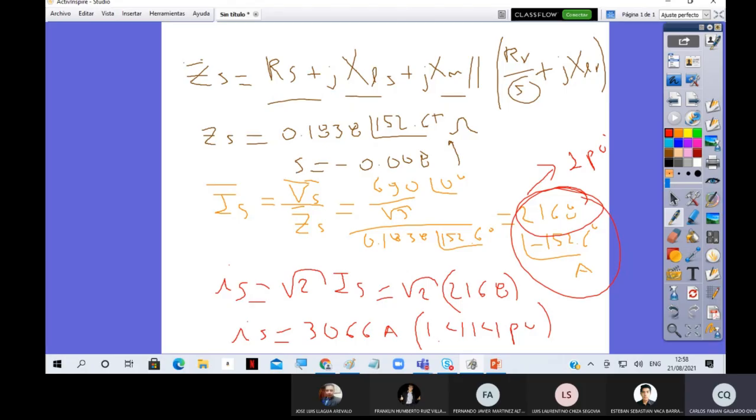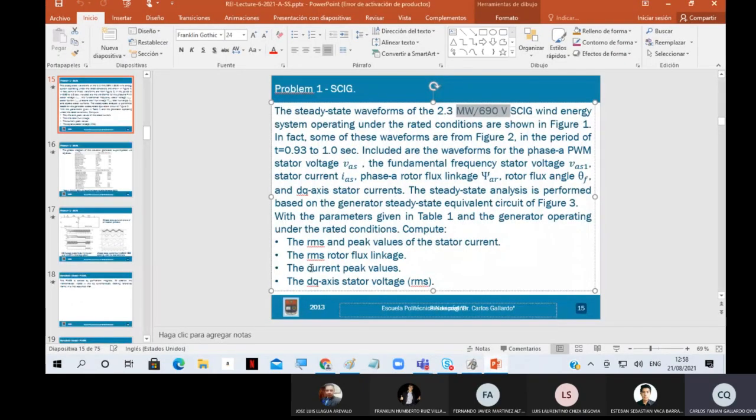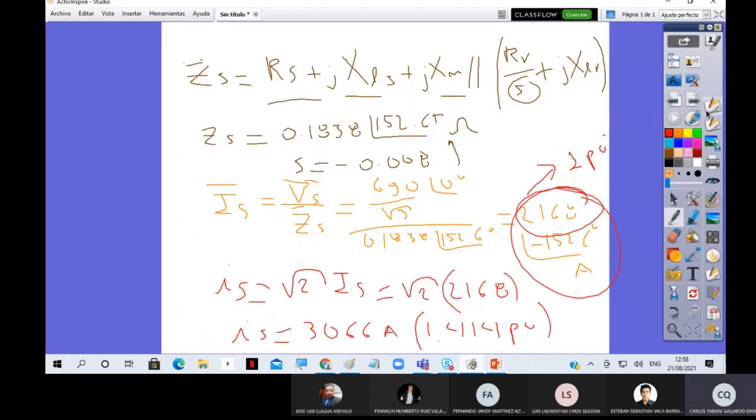Later on, according to the problem, I need to compute, so let's go back to the PowerPoint. I have already computed the root mean square value and the peak value of the stator current. Now I need to compute the root mean square value of the rotor flux linkage.